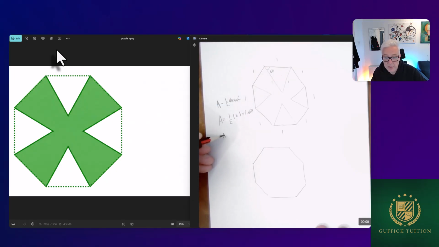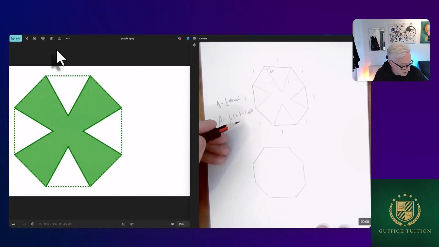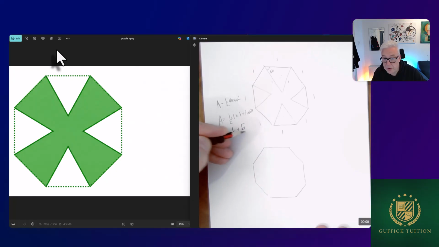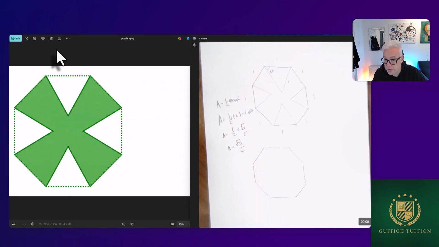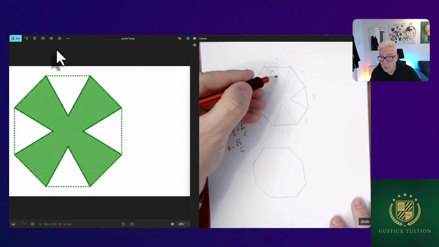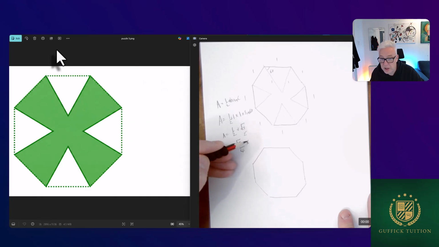So the area is therefore equal to a half times 1 times sine 60, and sine 60 is root 3 over 2. So that's a half times root 3 over 2, which is root 3 over 4, the area of one of those equilateral triangles. But there are 4 of them, so we times that by 4.